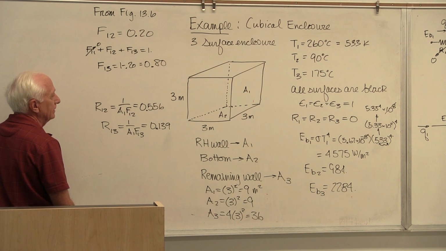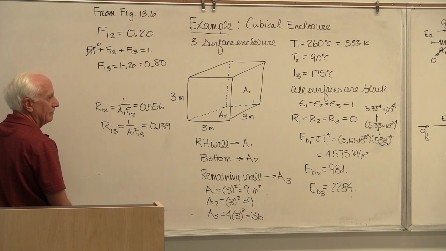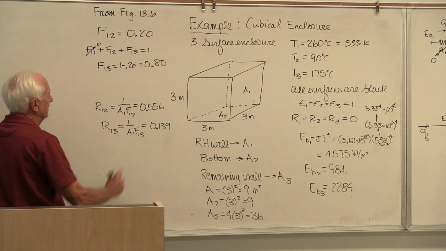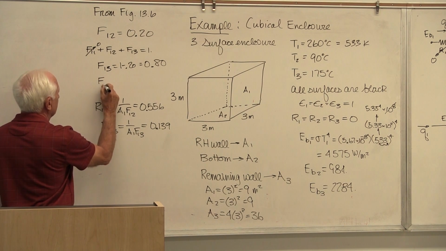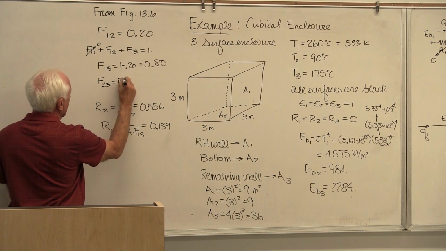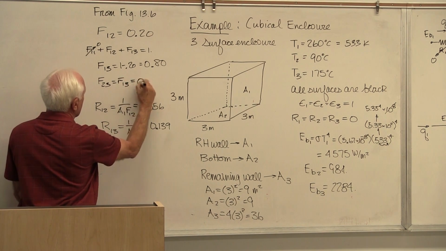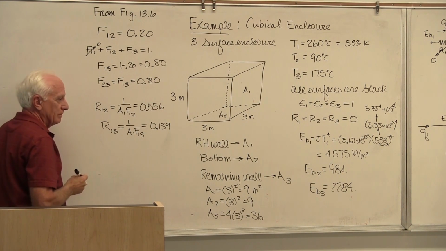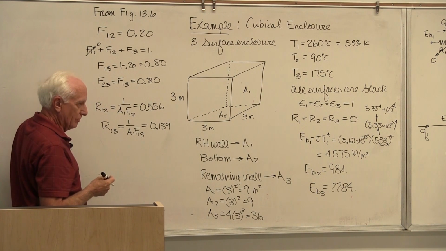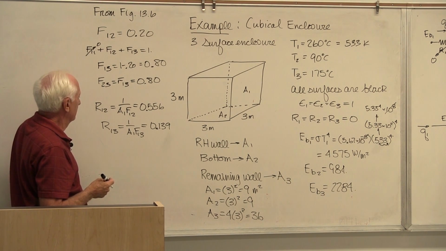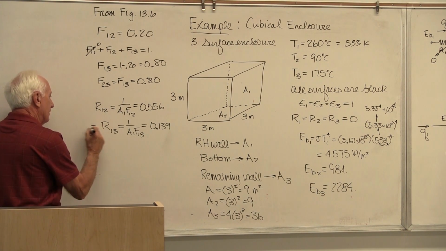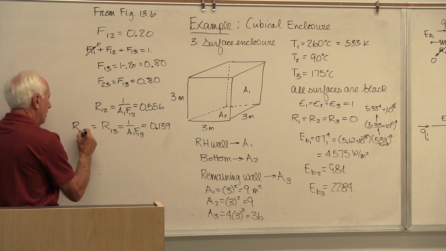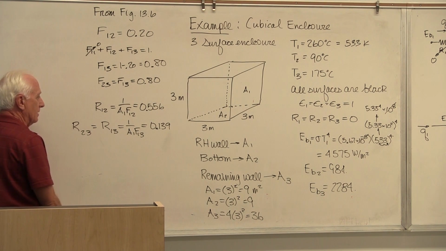By symmetry, looks to me like F13 is the same as F23. Of course it is. It's a cube, symmetrical, 3 by 3 by 3, all the sides are equal. So of course it's the same. Conclusion? Then that must mean R23 is the same as R13.